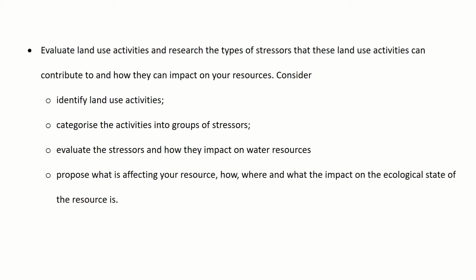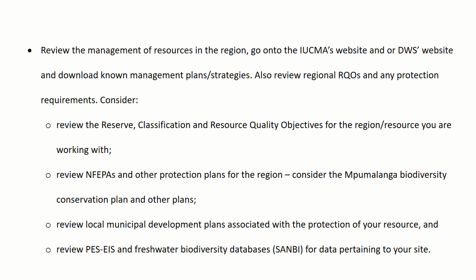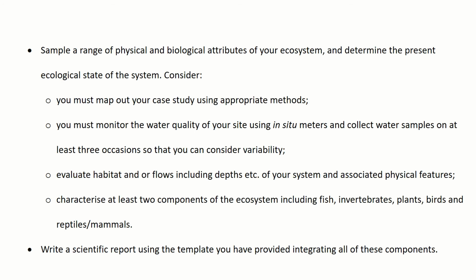If you go into the area, you must look around, send some people to look around and take some pictures. The third one is review management resources, how they're managing it. The fourth one is, then you go sampling. So of the 4 different things you must do, one of them is sampling. That means that for all the rest of the time, you can be doing it on your own. Only one of the components you must go into the field. When you go into the field, you must be ready to collect your data.